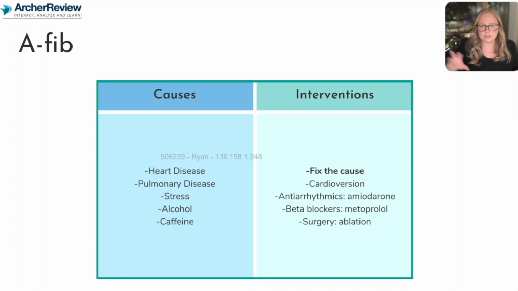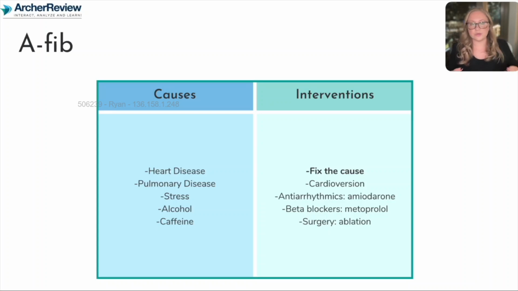Of course, fix the cause. If they've got some sort of myocarditis, rheumatic fever, we're going to treat that. If they have an ischemic process, we want to restore blood flow to the heart. And once we've done so, we've treated the cause. Hopefully that dysrhythmia will resolve.